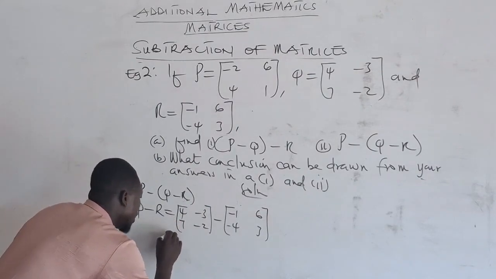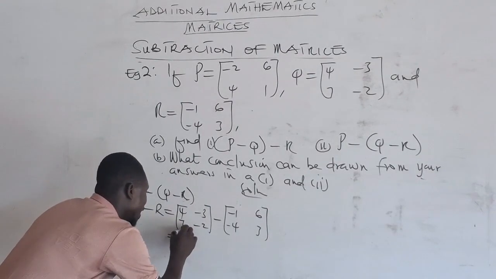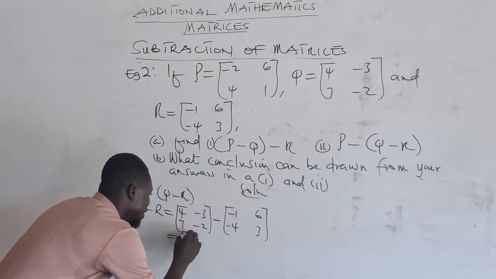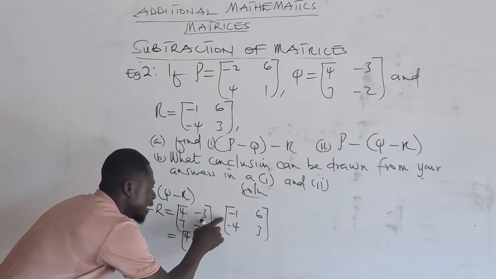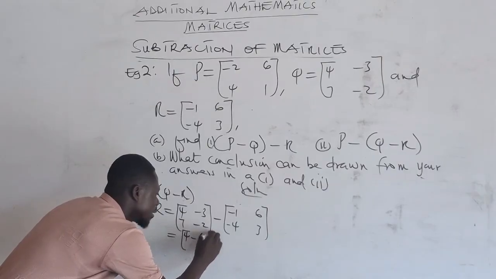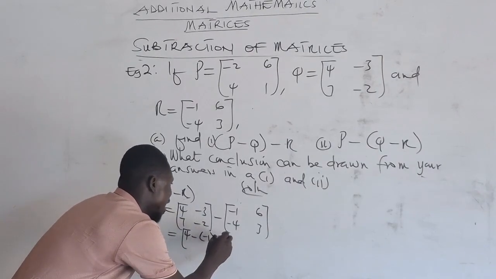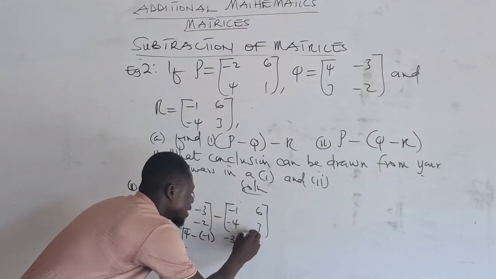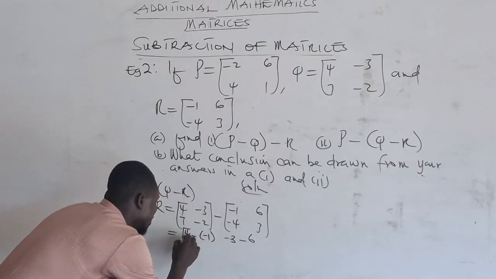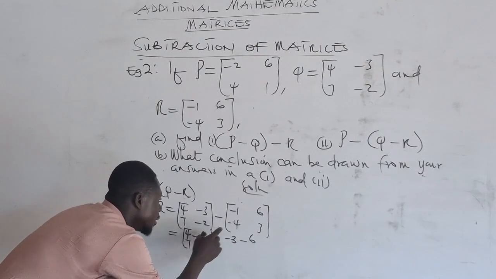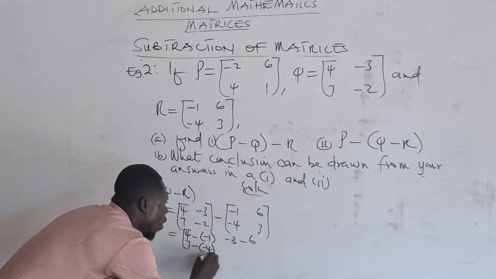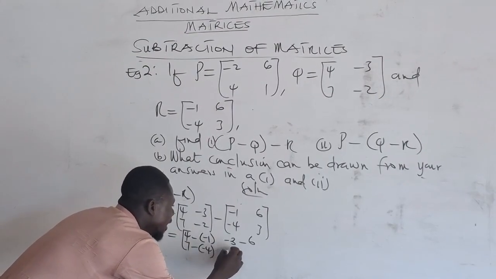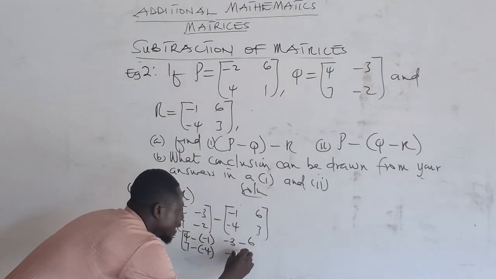So this will be equal to, now we have 4 minus negative 1. Then when you come here, we have negative 3 minus 6. Then here we have 7 minus negative 4. Then we have negative 2 minus 3.